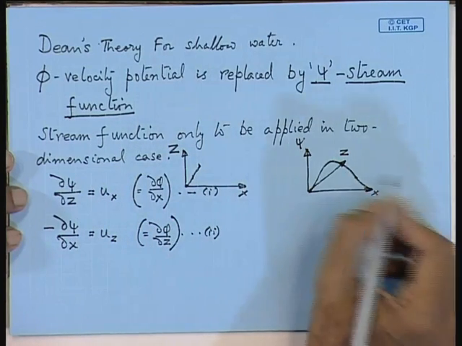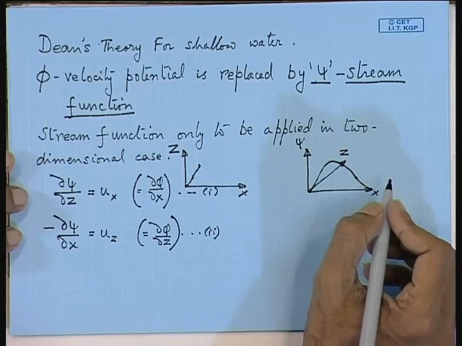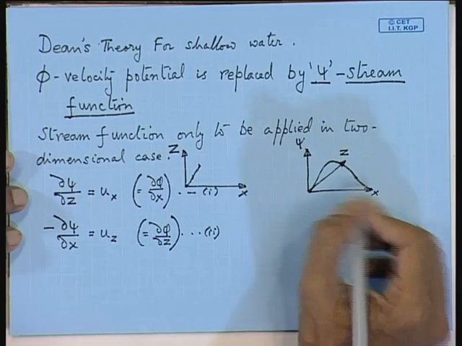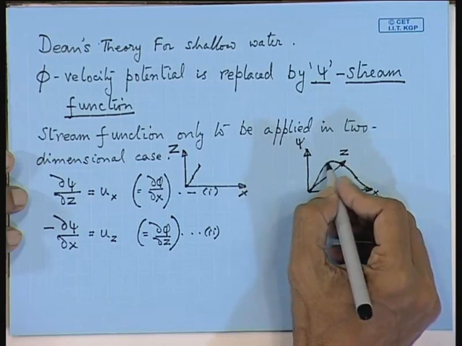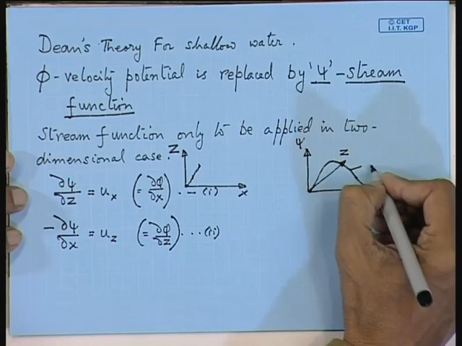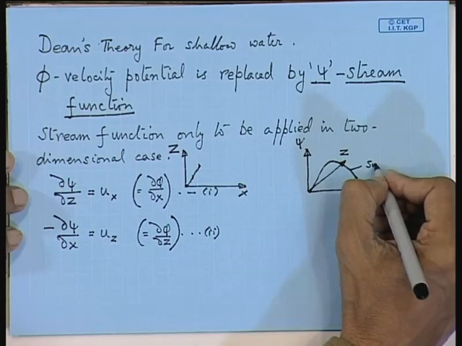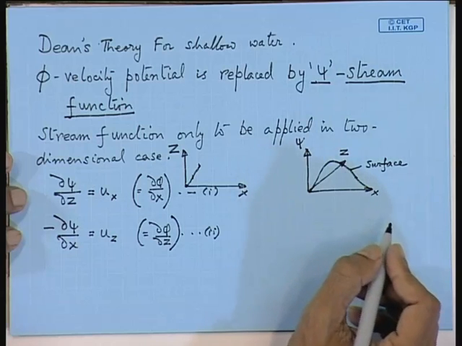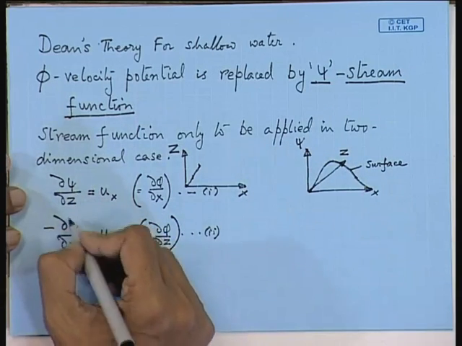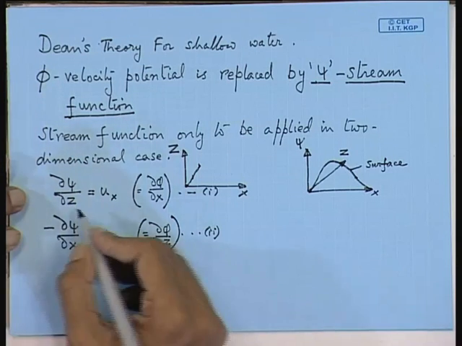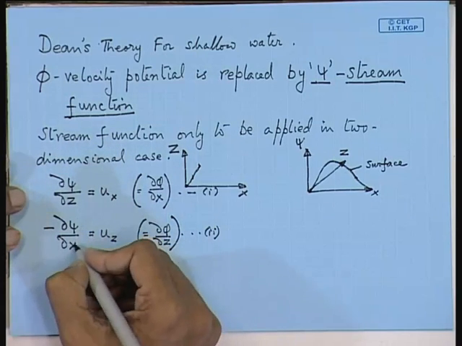So, you differentiate this with respect to z. Actually you will be getting a contour. So, this is no more a one dimensional curve, you get a surface like this. Now, what is the meaning of this del psi over del z? Or rather you can look at this del psi over del x.